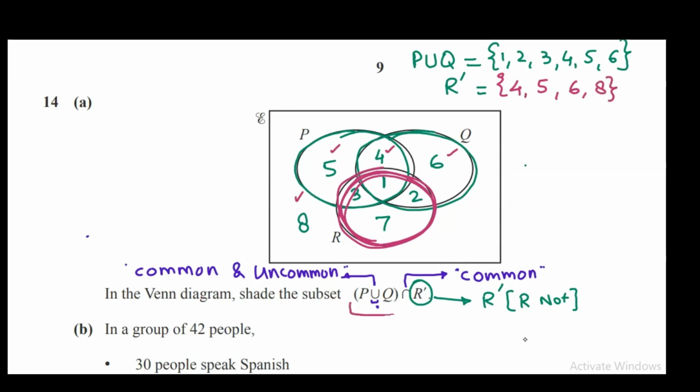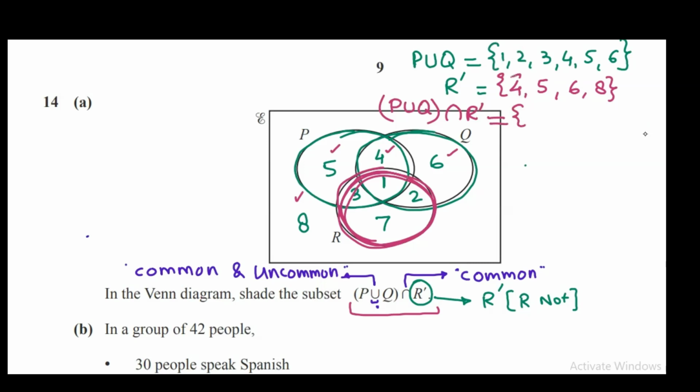And now we have P union Q and the set R complement. So P union Q intersection R complement will be the set of common elements in both the sets.